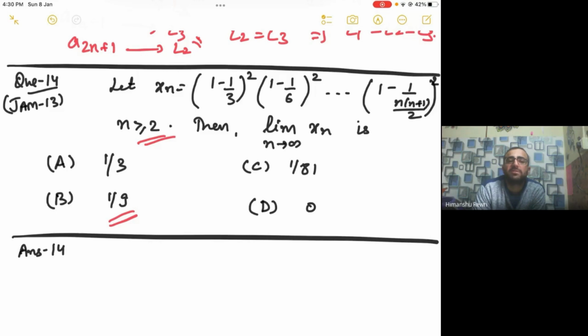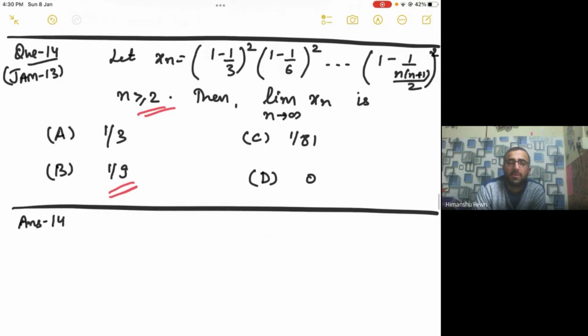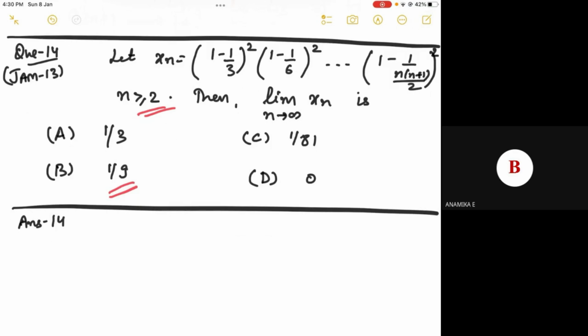What about others? So we can write it as a product from n equal to 2 to infinity.